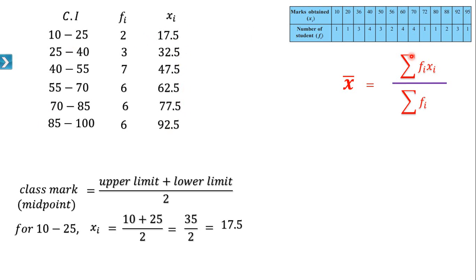Now, the next column is to find fi xi, that is we have to multiply fi and xi.